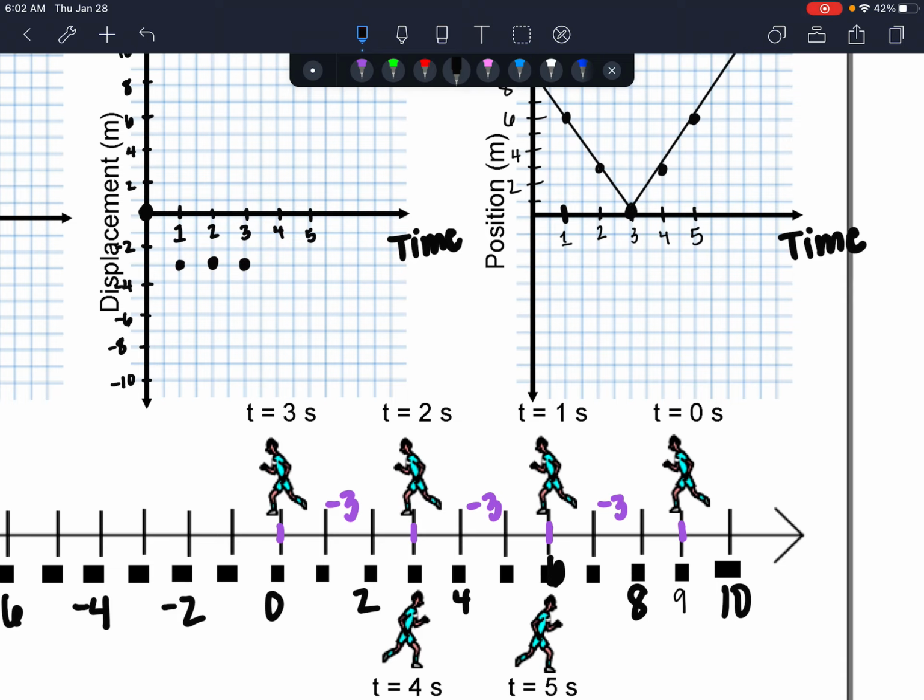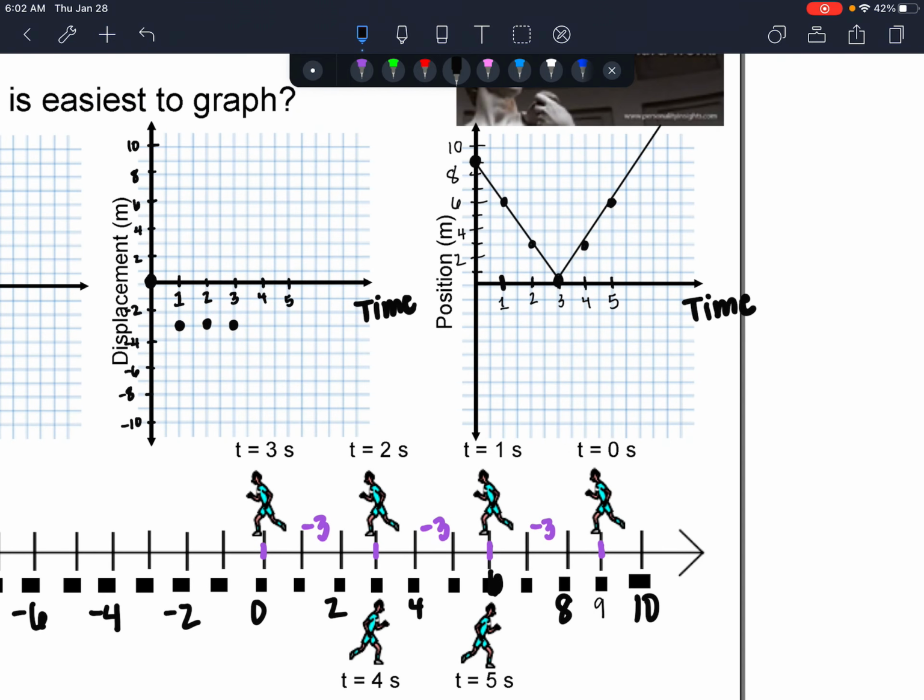So my displacement looks to be the same every time in between each second interval, unless I'm looking back in relation to my 0 second, in which case I'll probably get more linear data. But the point is that this is not a very good graph to describe motion. Why? Because this displacement, I'll make the note here, is ambiguous.